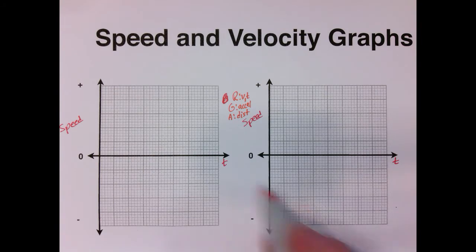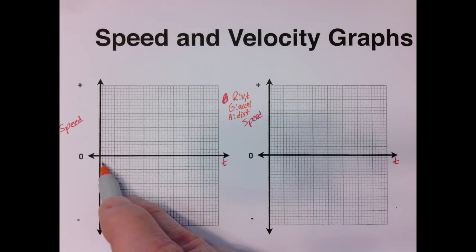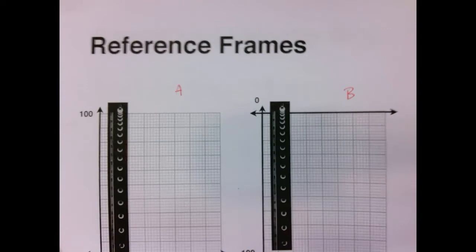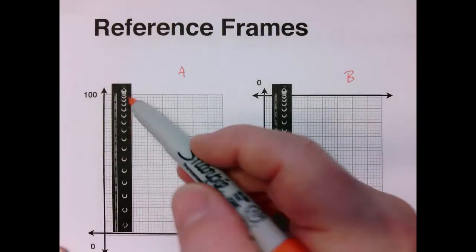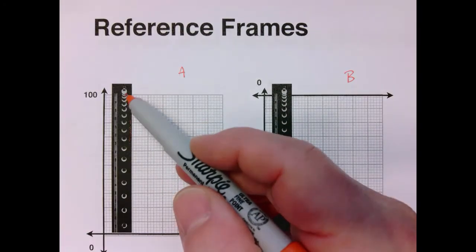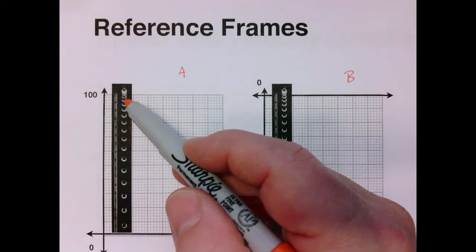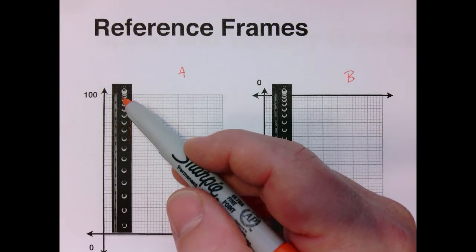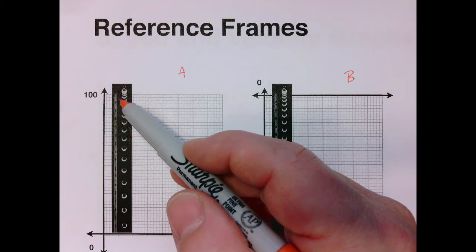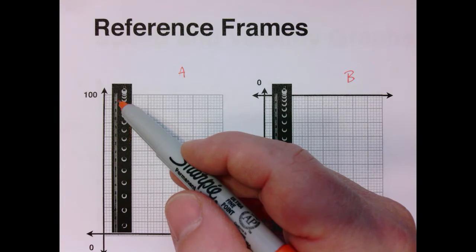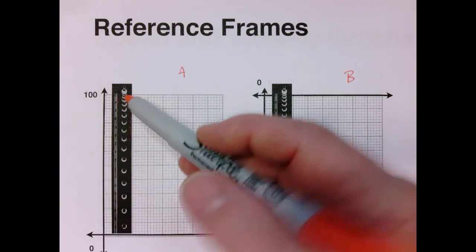So let us consider what happens at time 0 in reference frame A. At time 0, the instant after release, it's being held in the hand, and it's the instant that the pressure is released. That instant in time is so small that nothing has yet occurred. So the speed is still 0.